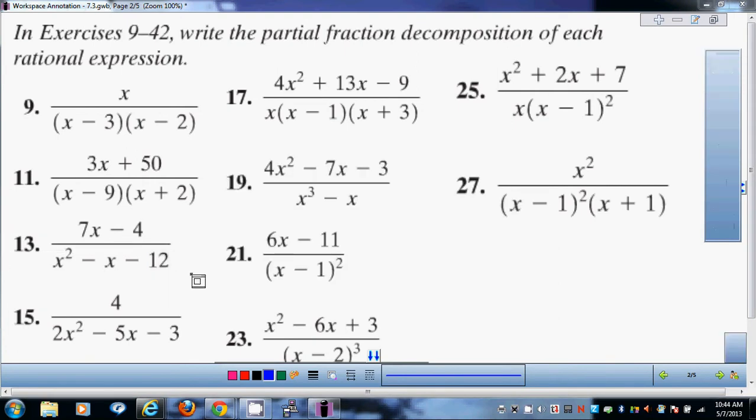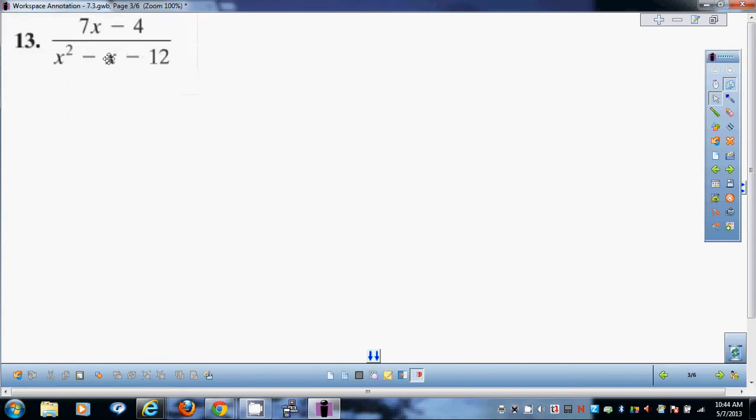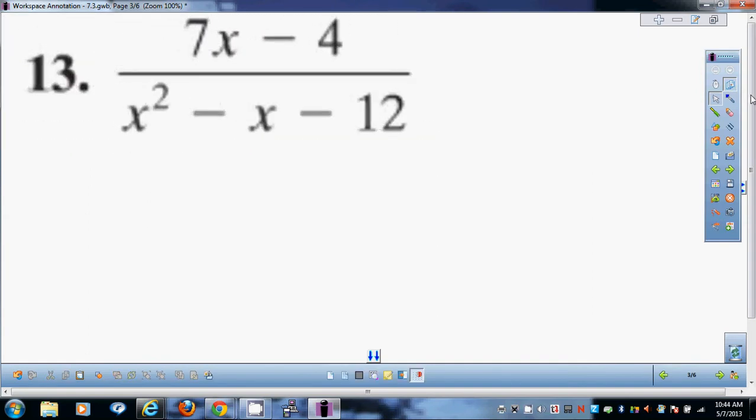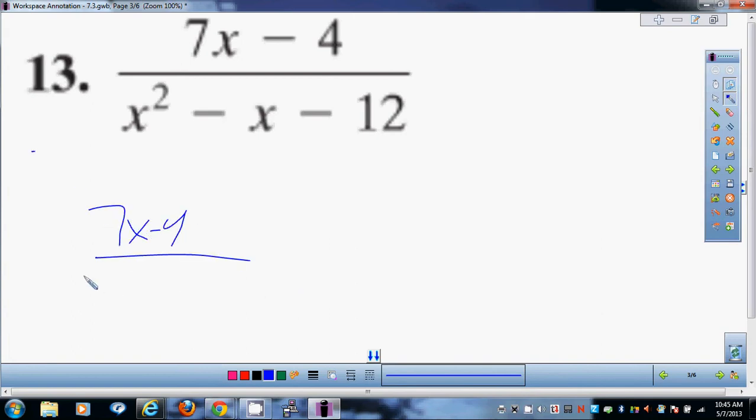Okay. First step is to what? Factor. Very good. And who can raise their hand and tell me what that would be? Justin, what would that be? Yeah, x minus 4, x plus 3 I think would work.